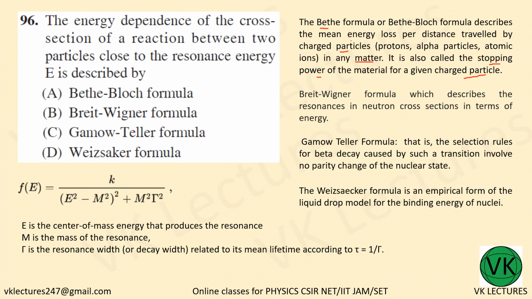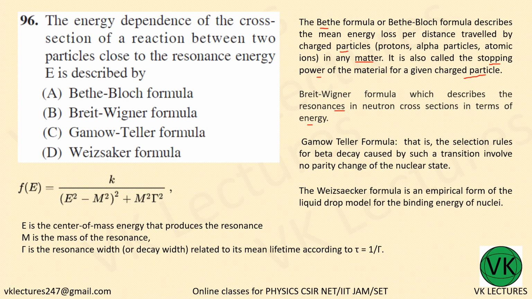Now option B, which is the Breit-Wigner formula. Breit-Wigner formula describes the resonance in neutron cross section in terms of energy. What you are seeing is the Breit-Wigner formula for the cross section.